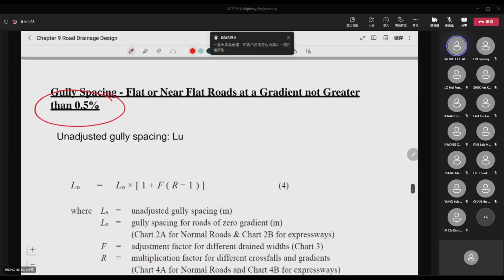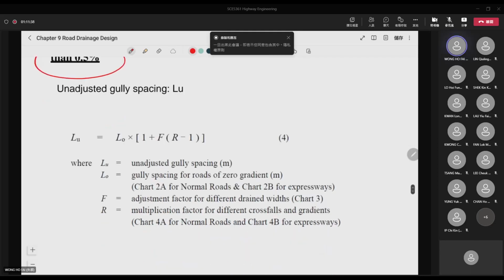And the LU, for this case, is equal to L naught times 1 plus F, and then times R minus 1. L naught is the gully spacing for a road of zero gradient. So you can see that, again, L naught is from a chart. You can get that from a chart here to find L naught.